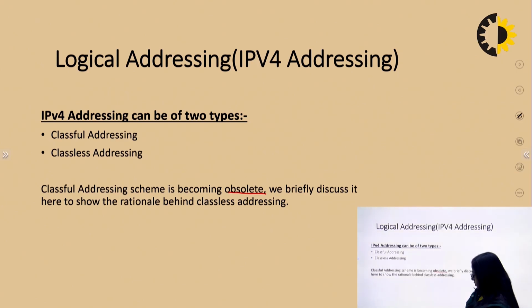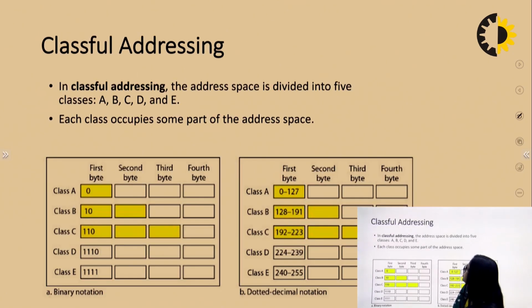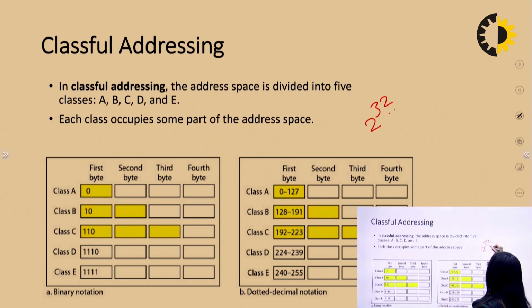We briefly discussed that in classful addressing, the address space is divided into 5 classes. The total address space is 2 to the power 32, that means some 4 billion 294 million something number.